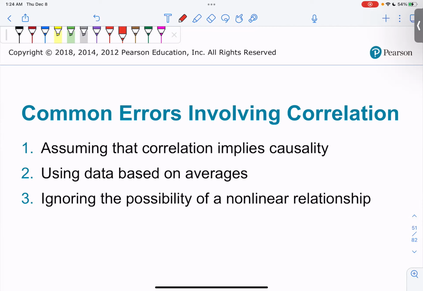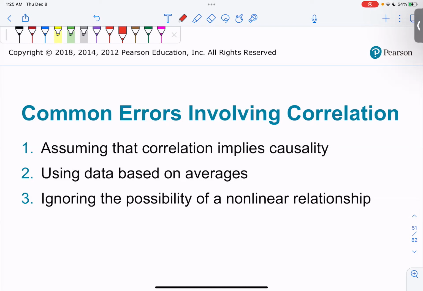So, common errors involving correlation. The first one, as we said many times, is to confuse correlation with causation, which is not right.